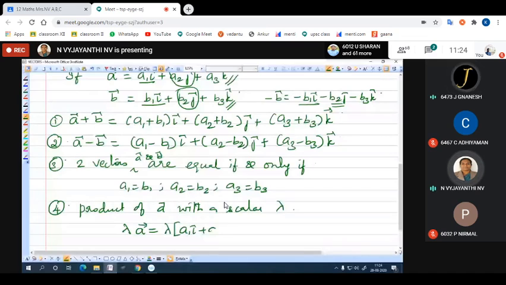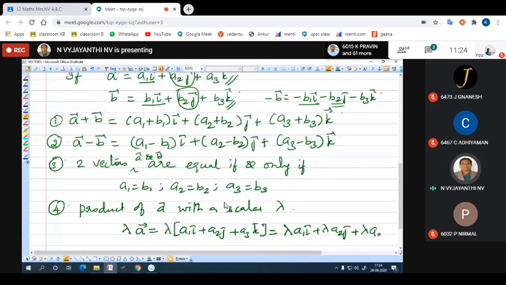We have to multiply each and every component with this lambda. That will be equal to lambda a1 i vector, lambda a2 j vector, lambda a3 k vector. Understood?